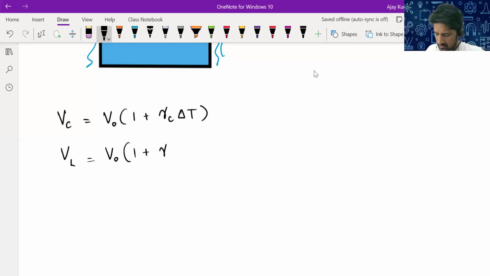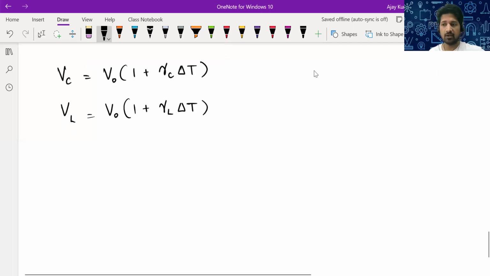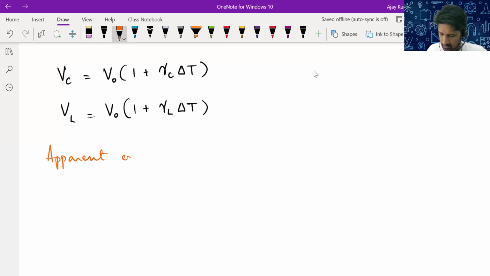1 plus gamma of liquid delta T. Okay. Now if you want to find out apparent expansion of liquid, fine, you write the equation like this. Apparent expansion or relative expansion means how much extra the liquid has expanded with respect to container. So apparent expansion of liquid can be calculated like this. Final volume of liquid minus final volume of the container.